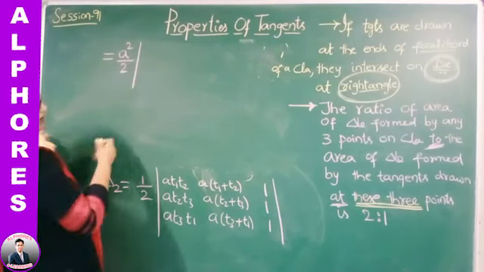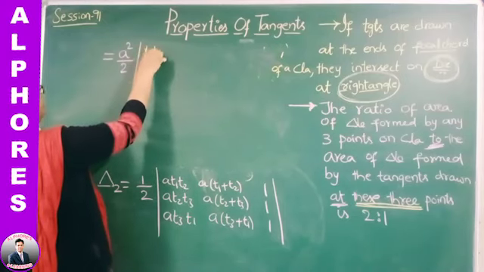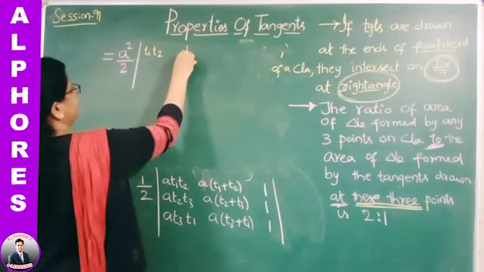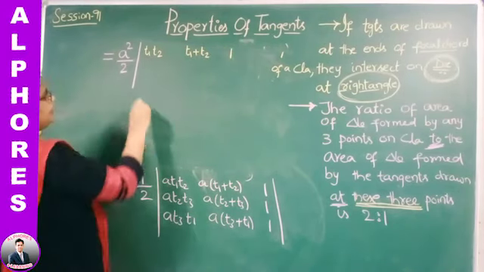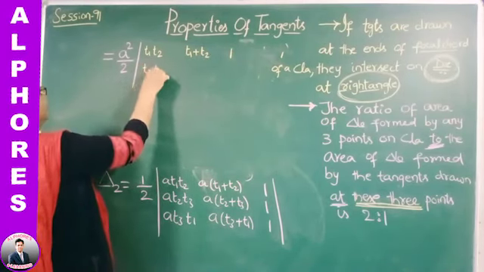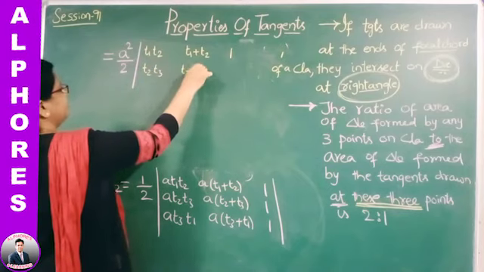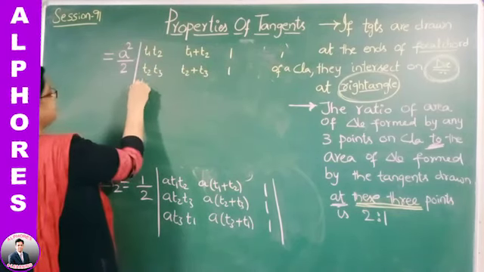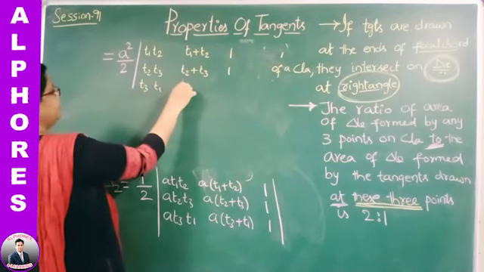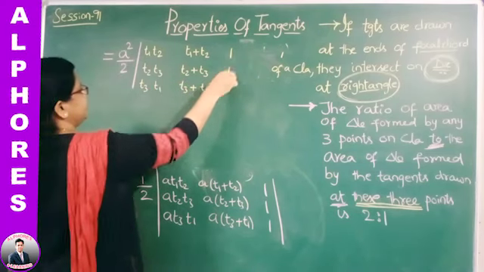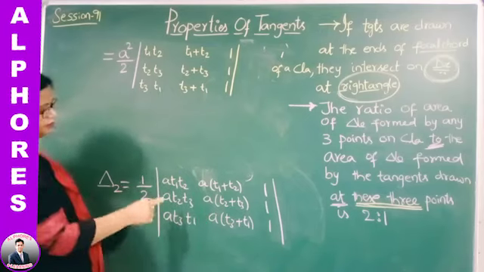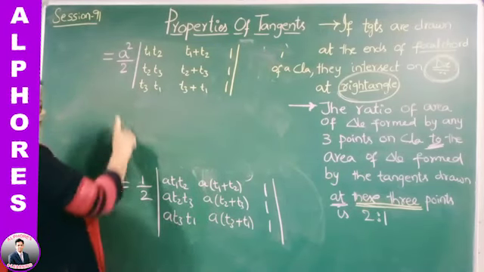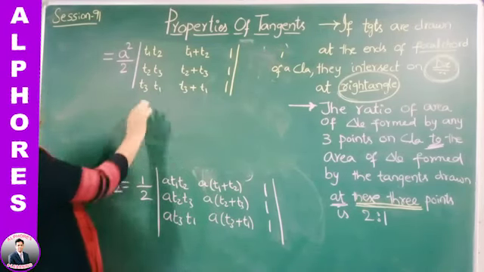What values are you having here? T1 T2, and it is nothing but T1 plus T2, and this is again 1. After that T2 T3, and this is T2 plus T3, and this is 1, and this is T3 T1, T3 plus T1, and this is 1. So we have taken a from this column and from this column, thereby you got a square by 2 here, this is the value.